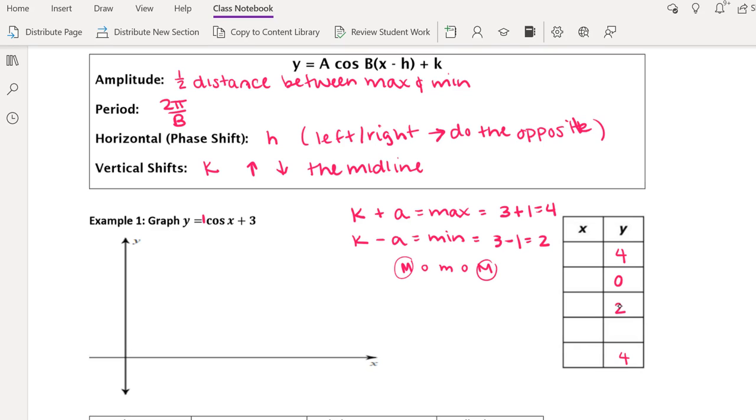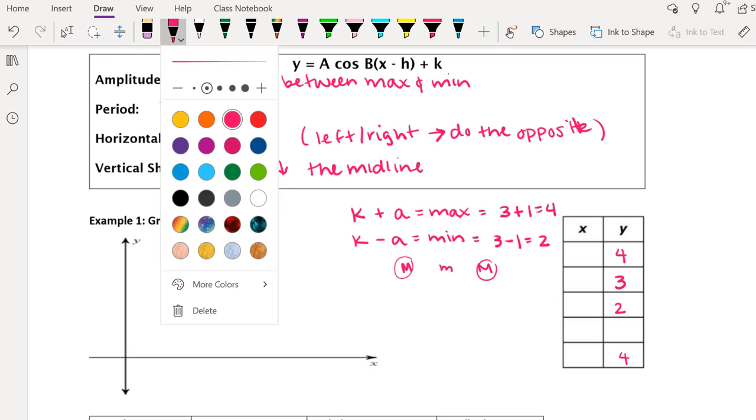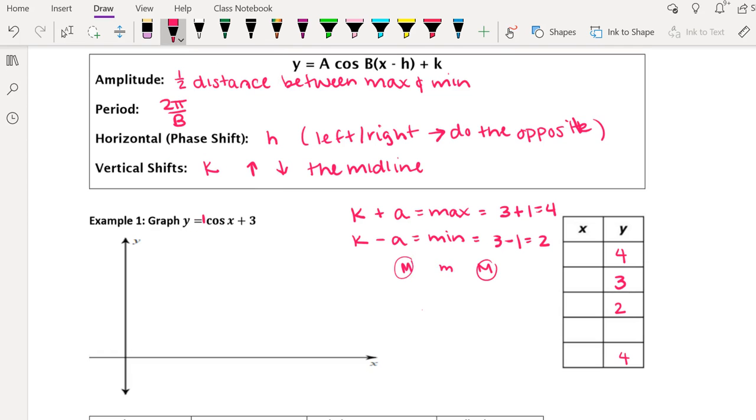So this should be, instead of the zeros, this should actually be my midline, because it's not going to go to 0, it's going to go to the midline. So we're going to go to mid, mid, and then mid. Okay, so we're kind of going from 4, 3, 2, 3, 4.